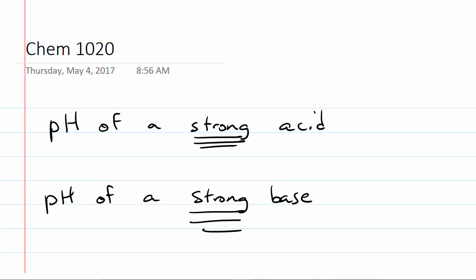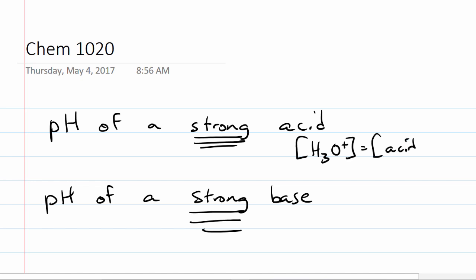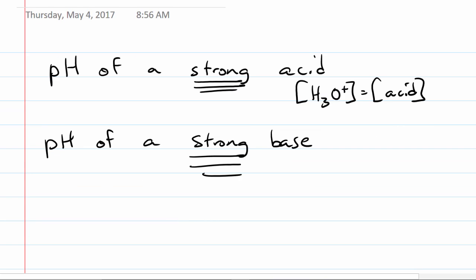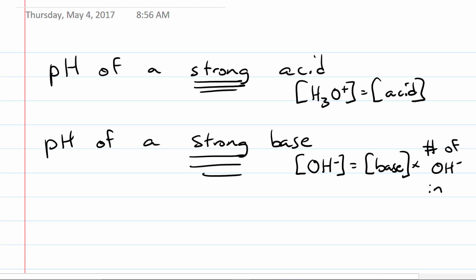But if we want to calculate these, what we say is that in a strong acid, the hydronium ion concentration is equal to the concentration of the acid itself. And in a strong base, what we say is that the concentration of hydroxide ions is equal to the concentration of the base times the number of hydroxide ions in the formula.